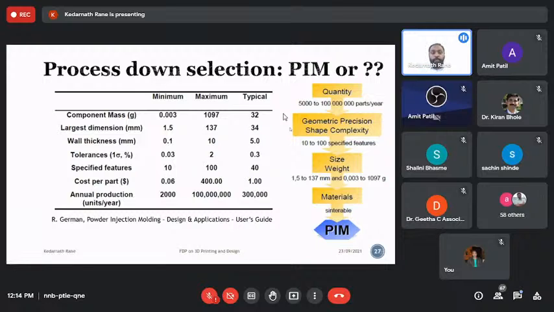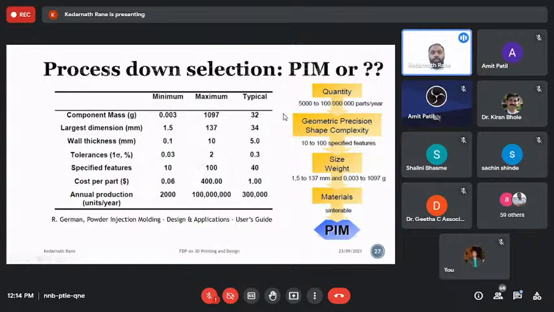Typically biomedical, where mass customization is coming, aerospace applications where bigger shapes are important, and defense applications where customization again comes into the picture. There are some requirements for which PIM is not suited.